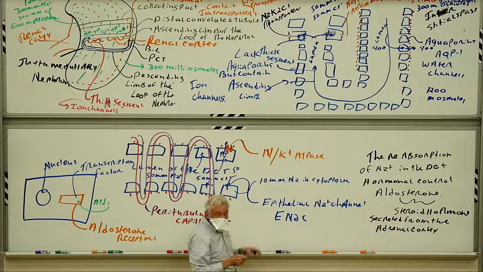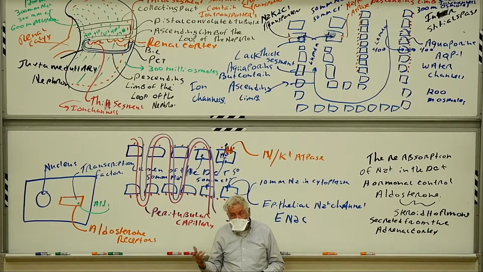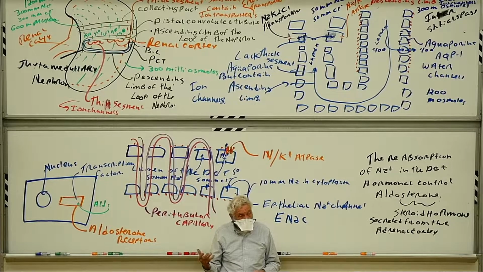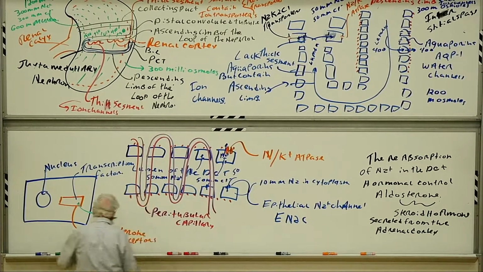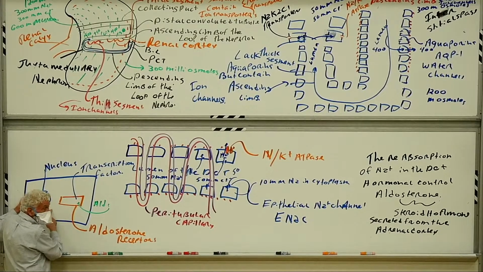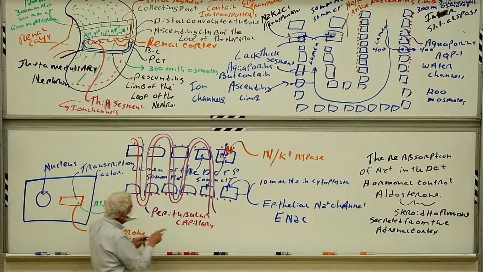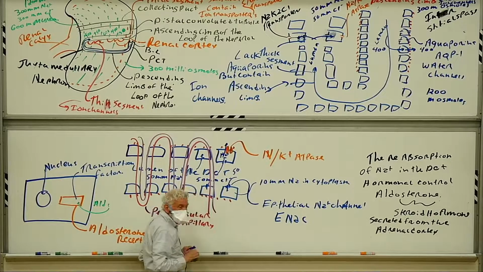So under circumstances where you don't have very much sodium in your diet, and there are signals coming from your hypothalamus that say, there's not enough sodium around here, see if you can scavenge up some more, that signals the cortex to release aldosterone. The aldosterone binds to the cytoplasmic receptors in these epithelial cells, upregulates the number of sodium channels so that now we're going to conserve more sodium.